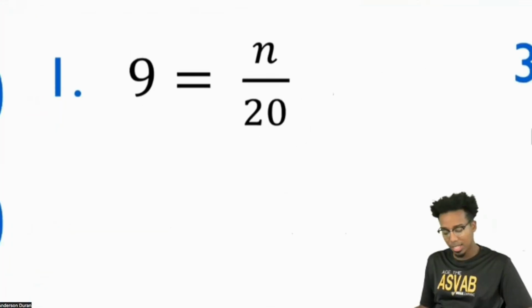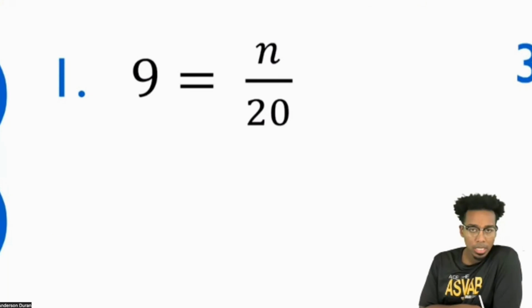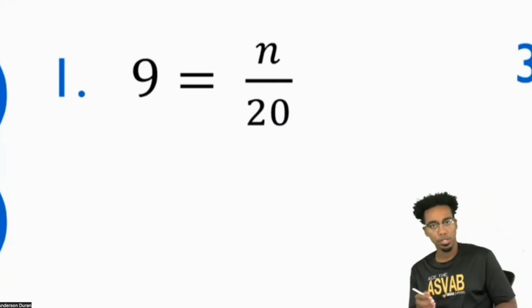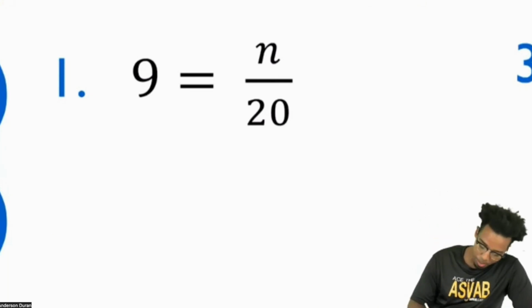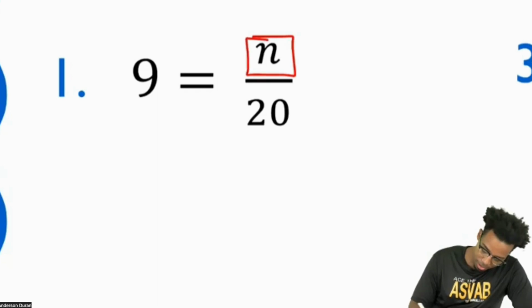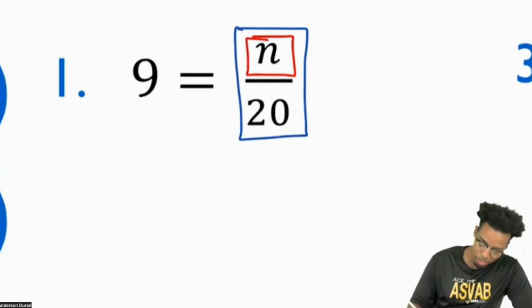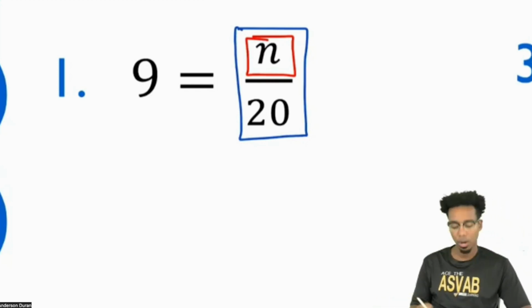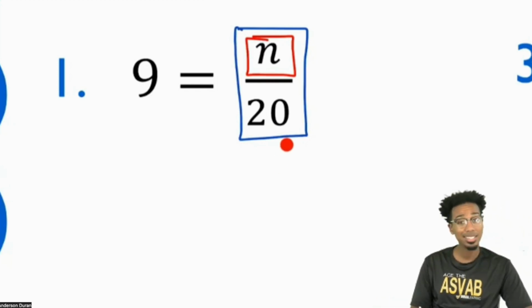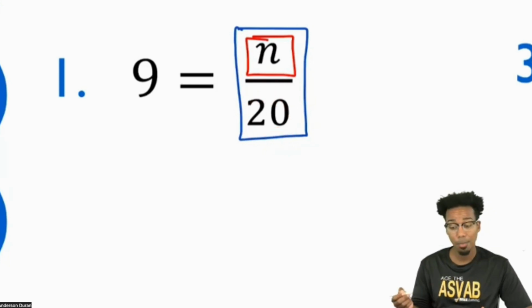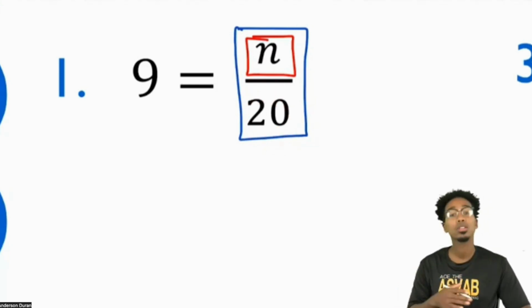So we have 9 equals n over 20. Remember, it's all about opposite operations here. Checking out opposite operations, we have n. And right now what's happening to the n is that it's being divided by 20. So if we want to work backwards, going from the outside in, to get rid of that division by 20, I'm going to do the opposite and multiply by 20.